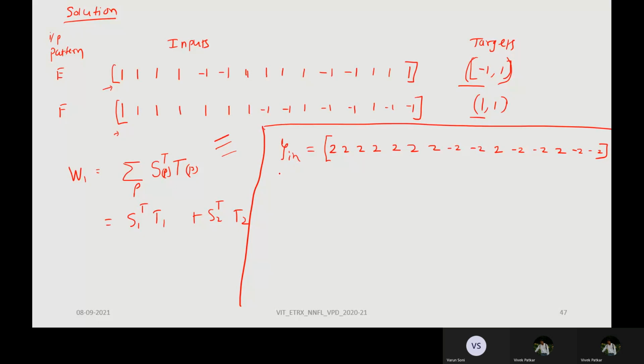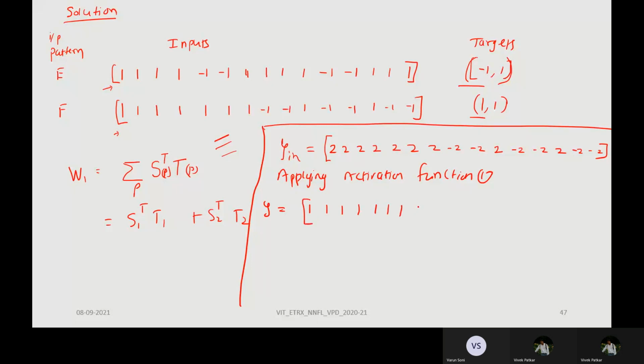Now you apply the activation function, which is in equation number 1. We get y is equal to, 2 is greater than 0, so 7 times 1, 4, 5, 6, 7.